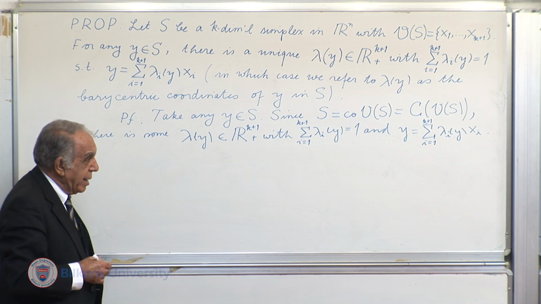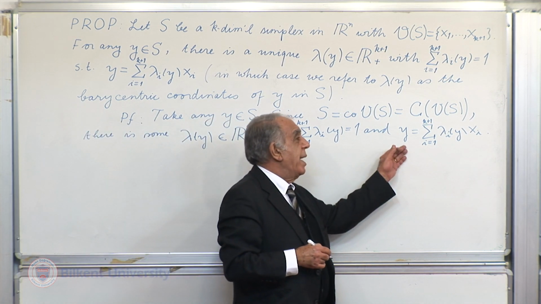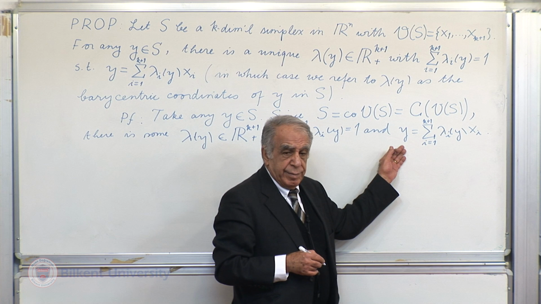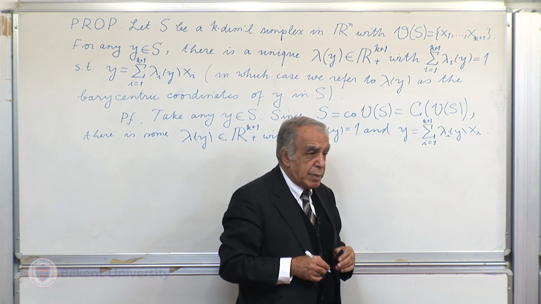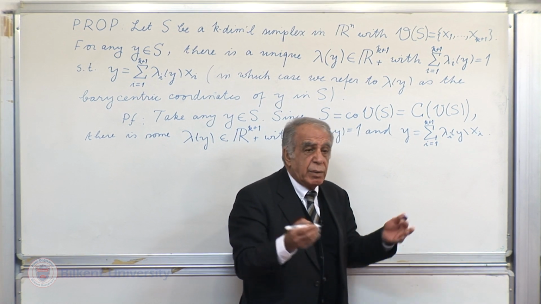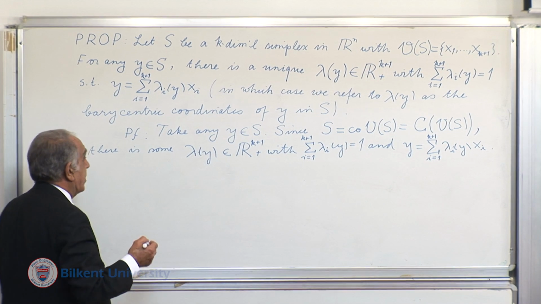As for uniqueness, let us assume that y can be written as a convex combination of these k plus 1 vertices in two different ways, using different sets of coefficients.